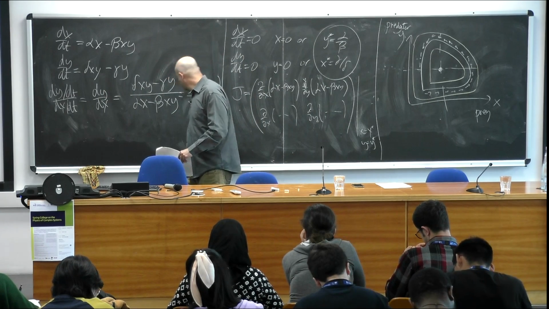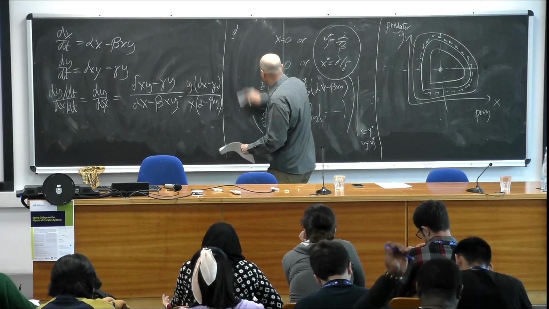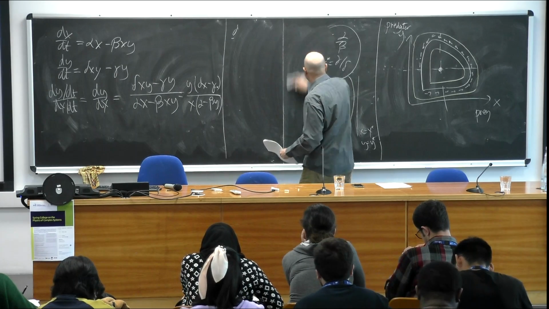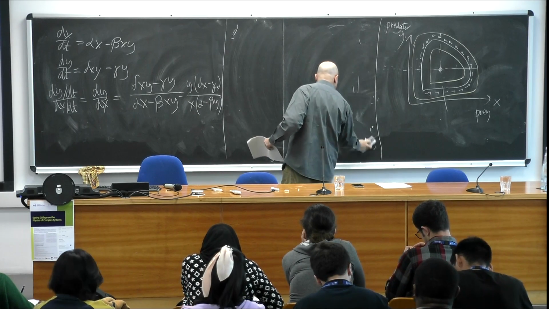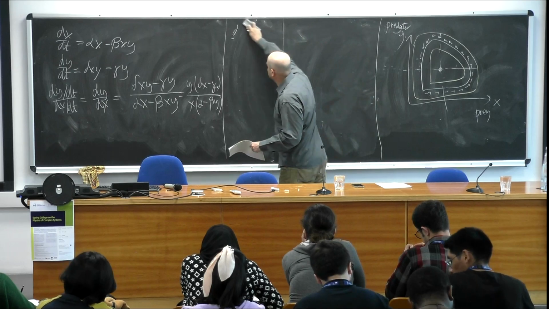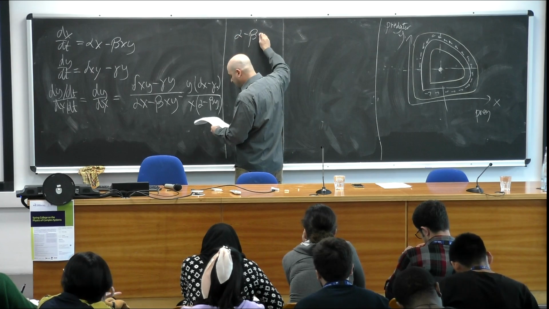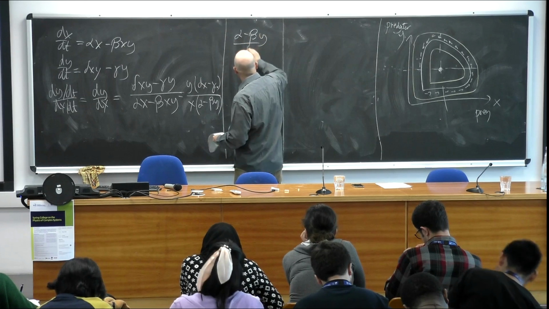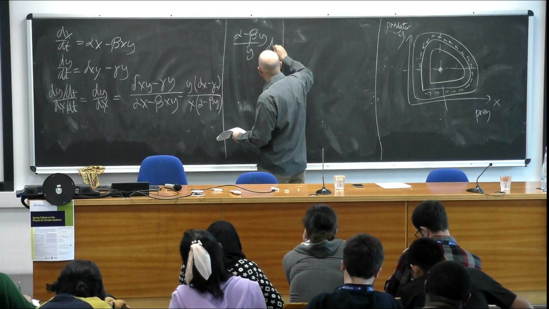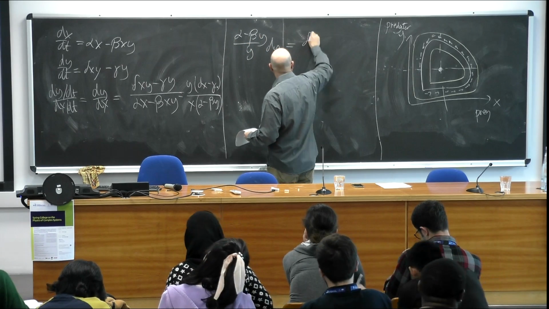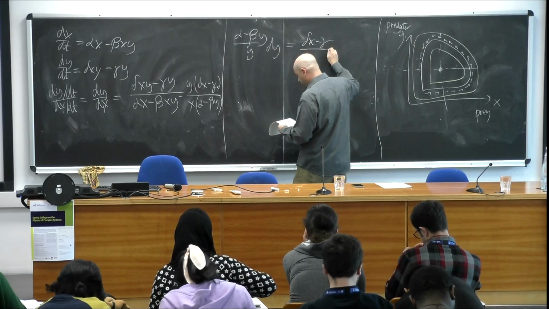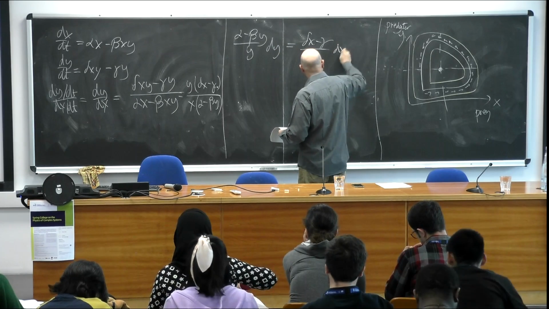So what we actually get is a separable differential equation, which is immediately solvable. Right? So what we get is (alpha minus beta y) over y dy equals (delta x minus gamma) over x dx.